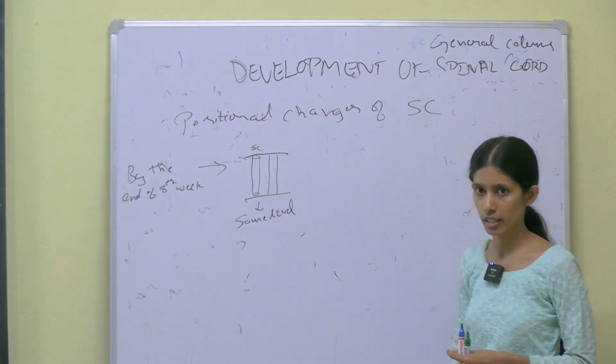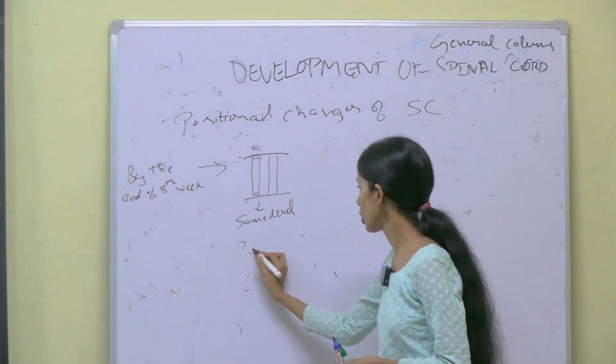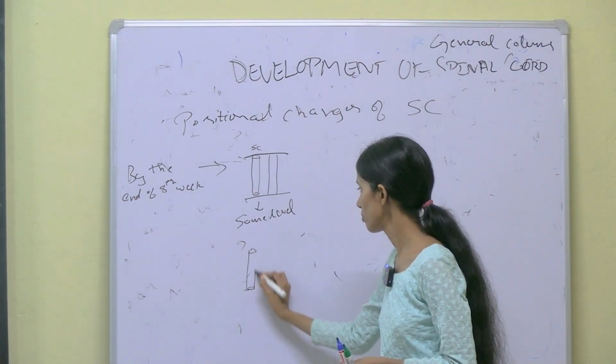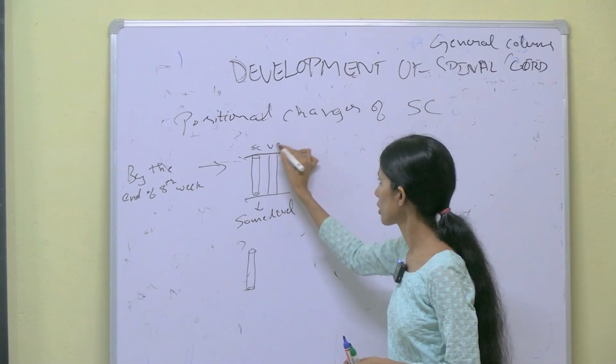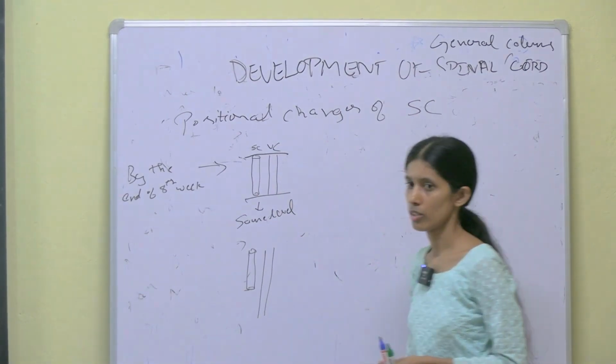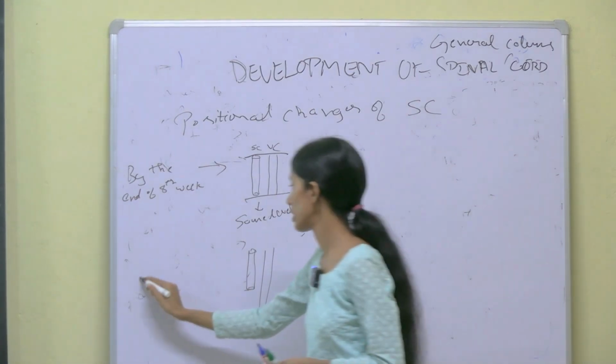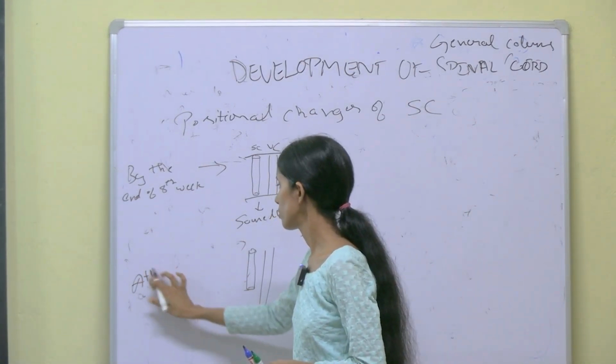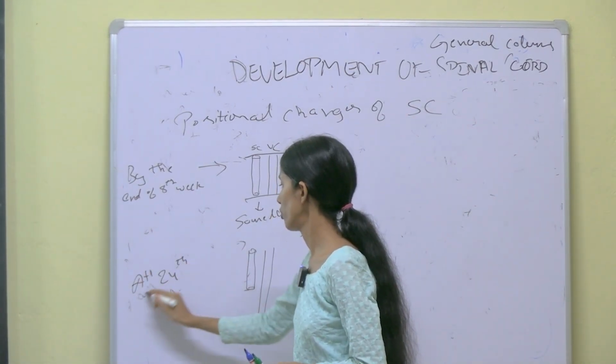As the development continues, your spinal cord will remain the same, but only your vertebral column will get extended like this. So this change can be seen at the 24th week.